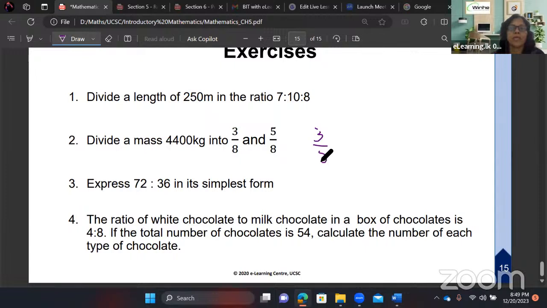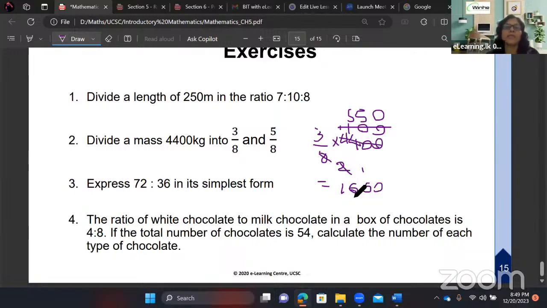Multiply 3 by 550. What is the answer? 1,650.